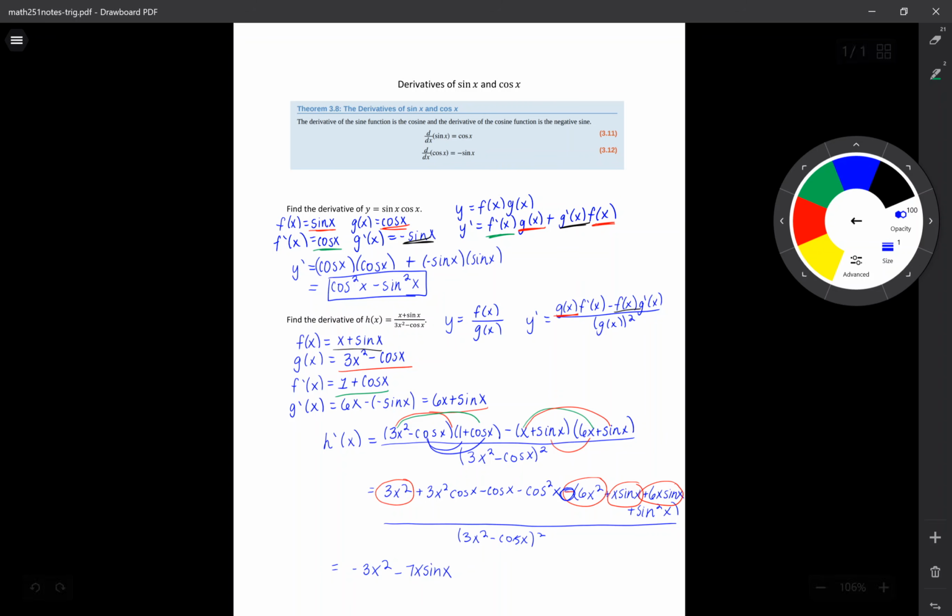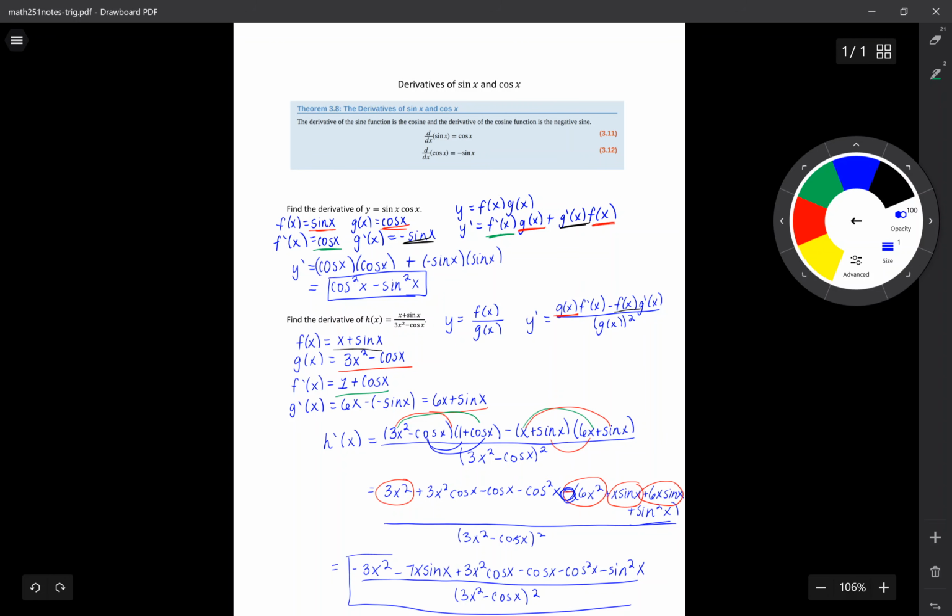And then it looks like that's all that I can combine. So we have plus 3x squared cosine x minus cosine x minus cosine squared x, and then we have this minus sine squared of x, all of this over 3x squared minus cosine x quantity squared. And this is our answer.